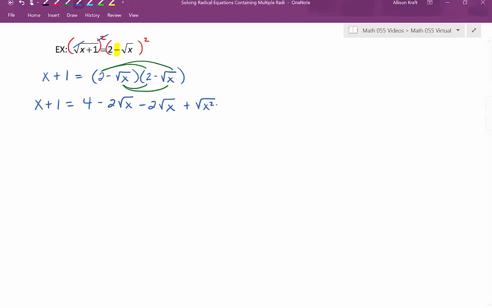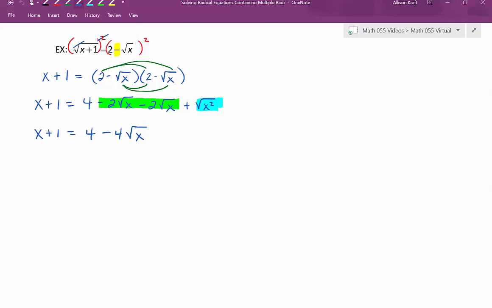We want to simplify every radical that we can and combine any like terms that we can. Notice that we have like radicals that we can combine. So negative 2 square roots of x minus 2 more square roots of x, that's a negative 4 square root of x. And then we also have a perfect square here on the end that we can simplify.